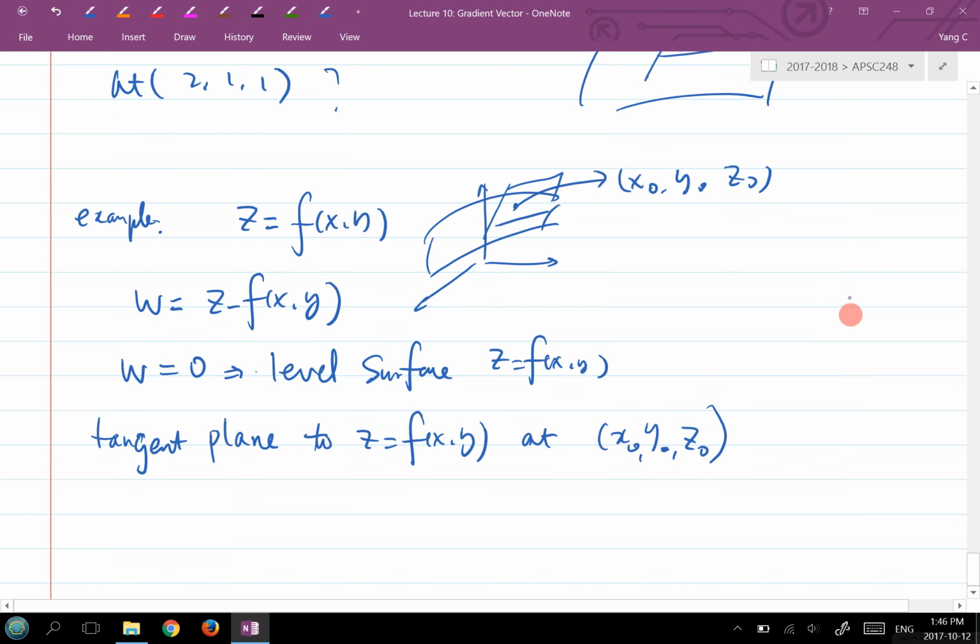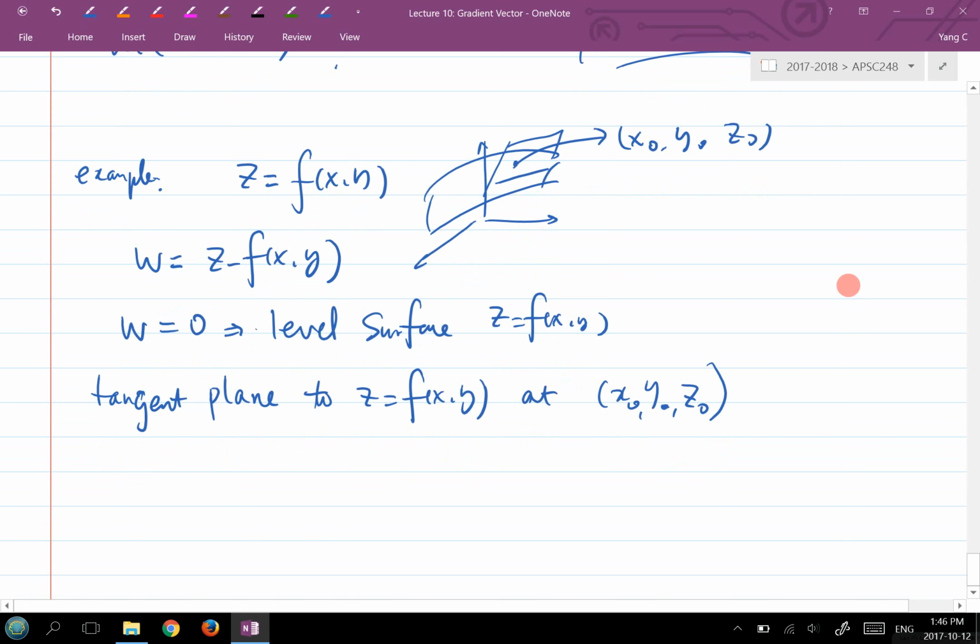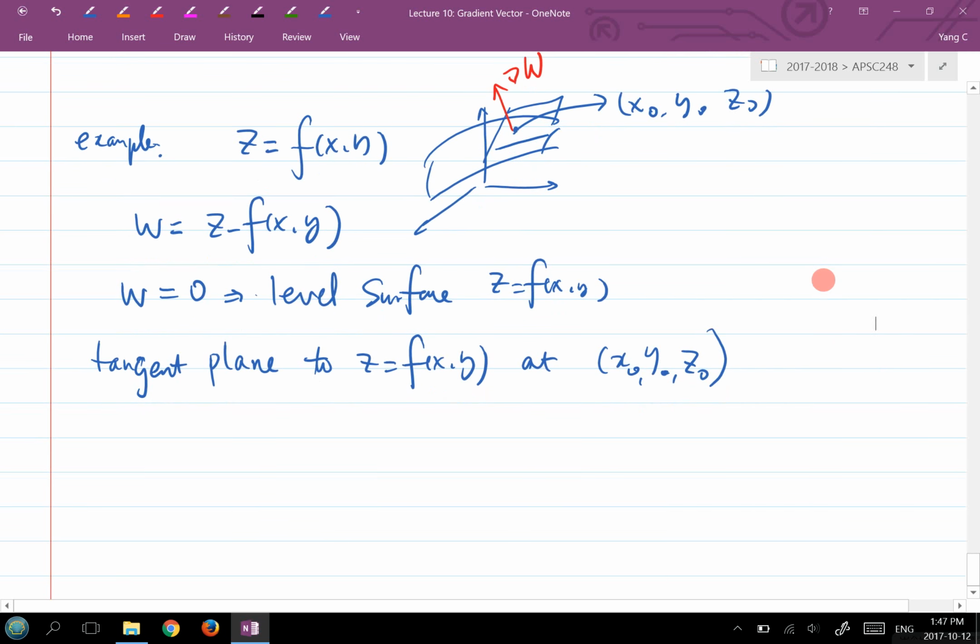I'll follow the same approach here. In order to create a tangent plane, I need to find the gradient vector perpendicular to this surface. Now, the gradient vector here is not del f. It's del w. So we need to find del w first at the x naught, y naught, z naught location.